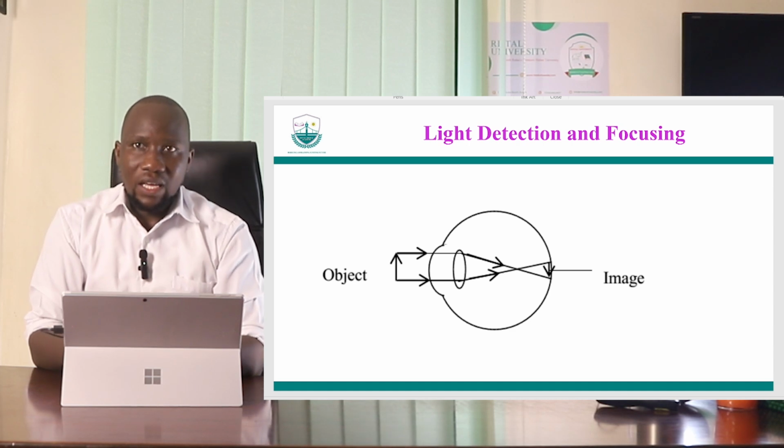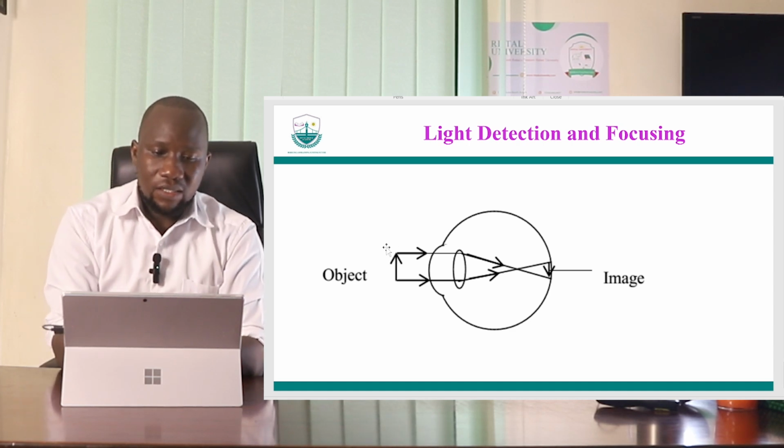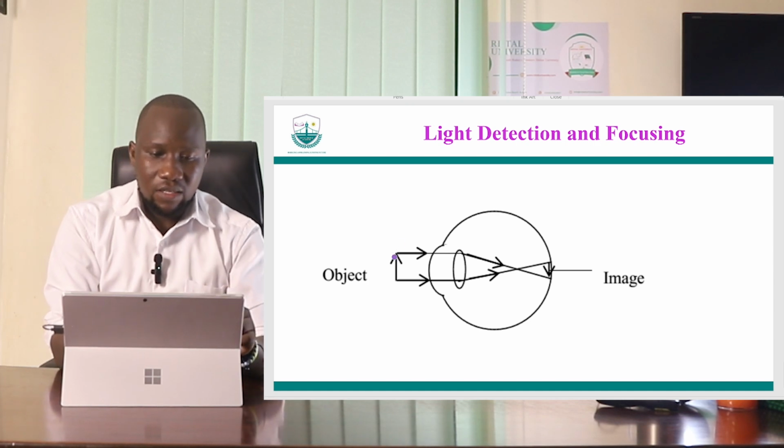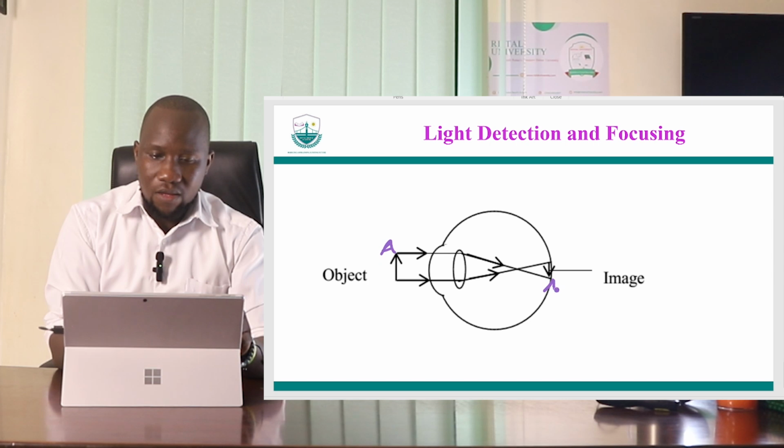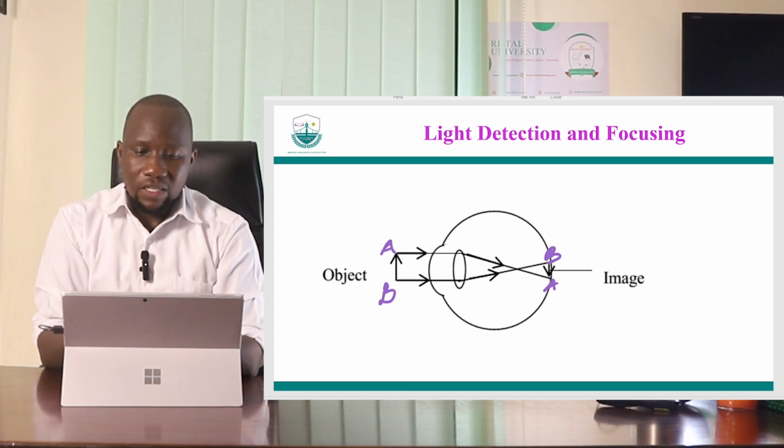Basically, this is what we are saying here. So if this is A, the A will be here. If this is B, B will be here. The image will be formed upside down, okay? But it will be formed clearly on the retina.